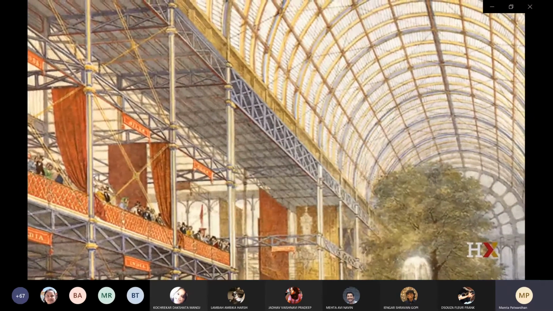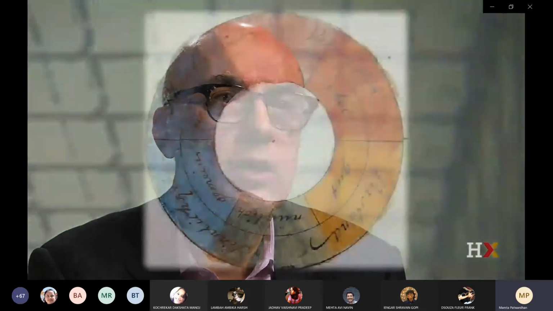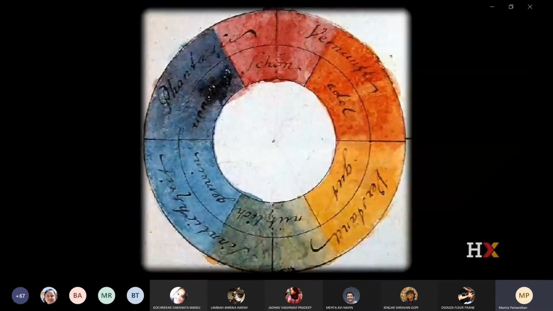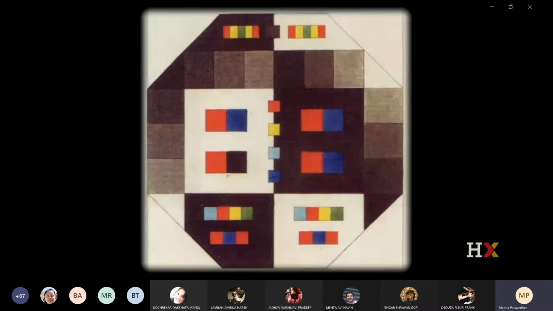Owen Jones' research and project was actually linked to also an interest in the optical and physiological properties of colors, something that had been initiated in the late 18th century, illustrated by the work of someone like Goethe with his famous theory of colors, and a question that was very much on the table in the 1850s.